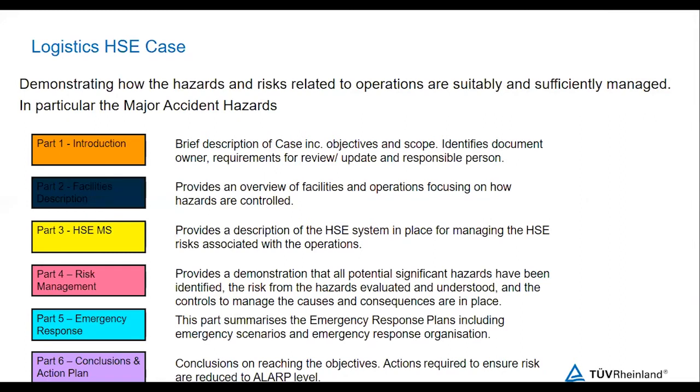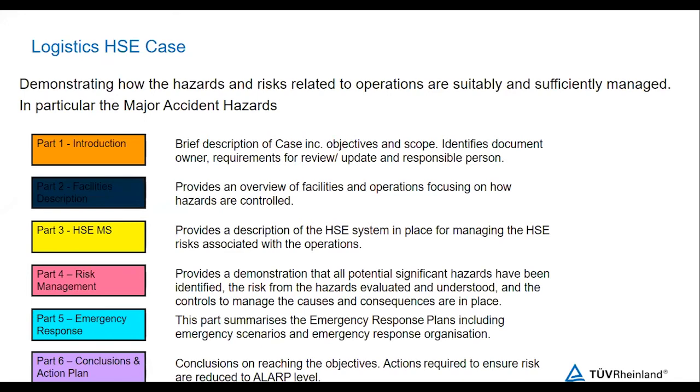Part 2 is a facility description. What are the hazards contained in my facility, what is the process, P&IDs, PFDs, process description of the facility here. The third part is the HSE management system. How are the HSE risks being managed?